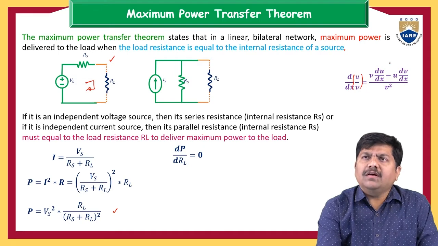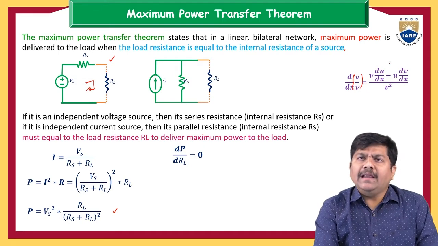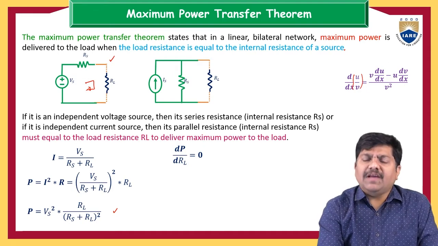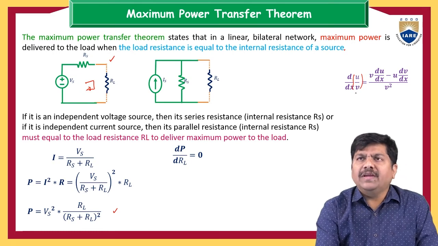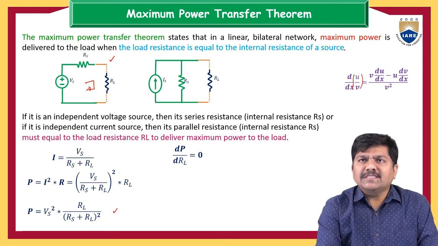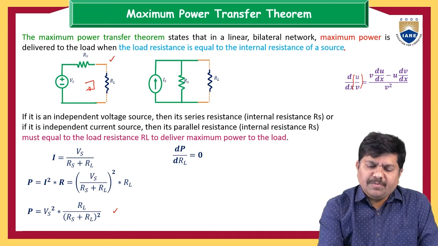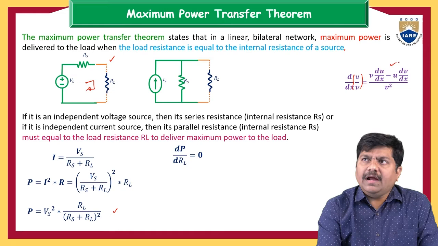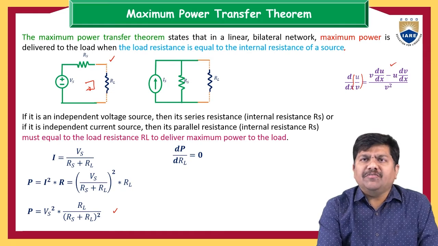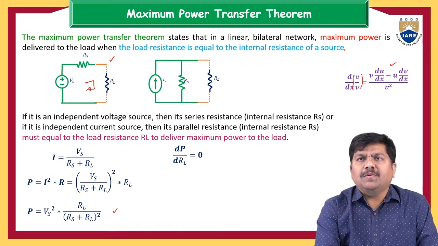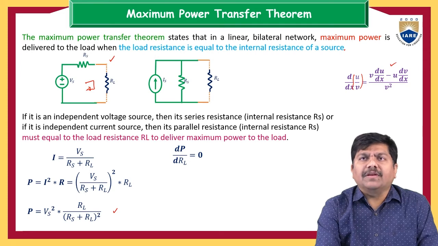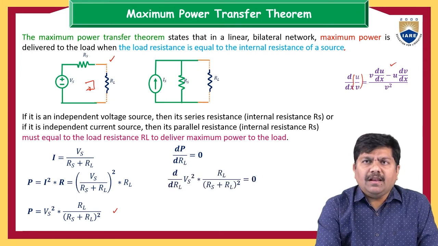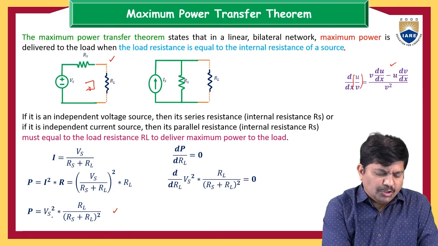Anyhow, for handy information I am providing this: d by dx of u by v is nothing but v into du by dx minus u into dv by dx, by v square. Just make use of this formula and let me calculate the condition for power to be maximum in the given electrical circuit. So d by dRL of this total expression, I am substituting here.